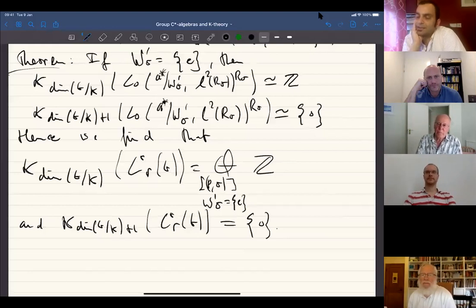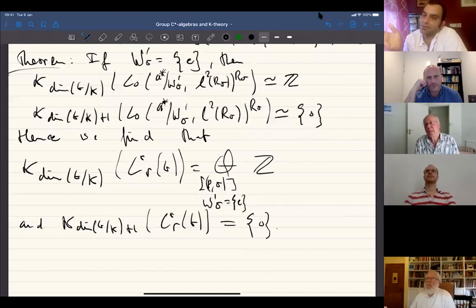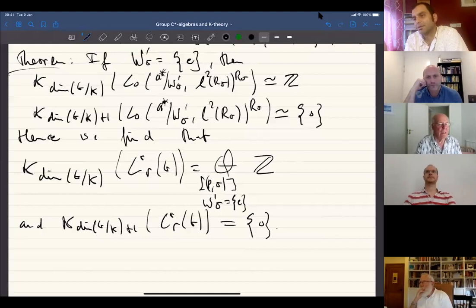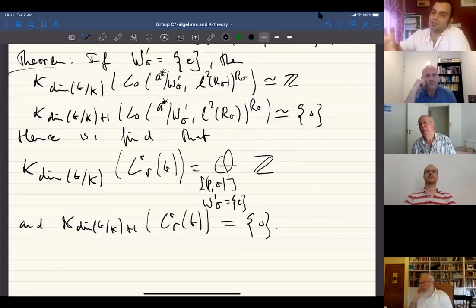But it sounds like we went through this whole very intricate machinery of the classification of tempered representations, that big theory, and then we tried to mimic that in a C-star way to get this description.